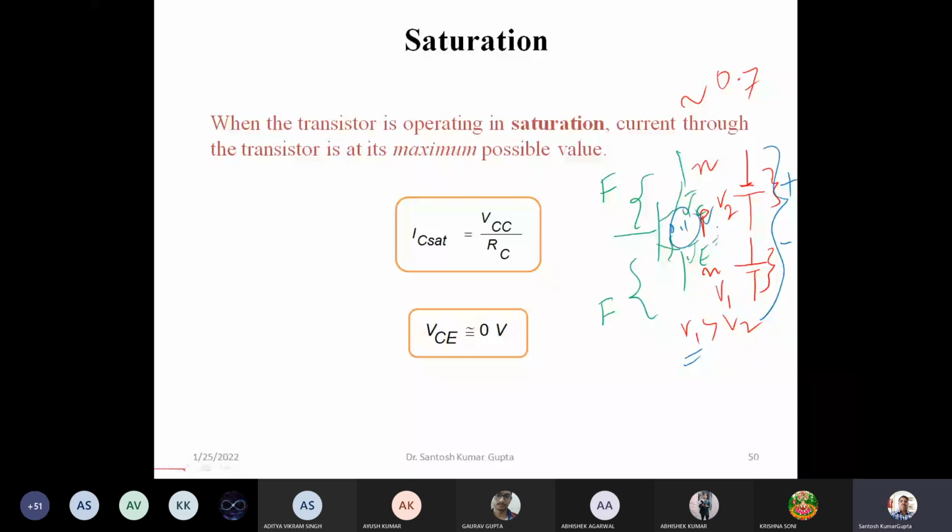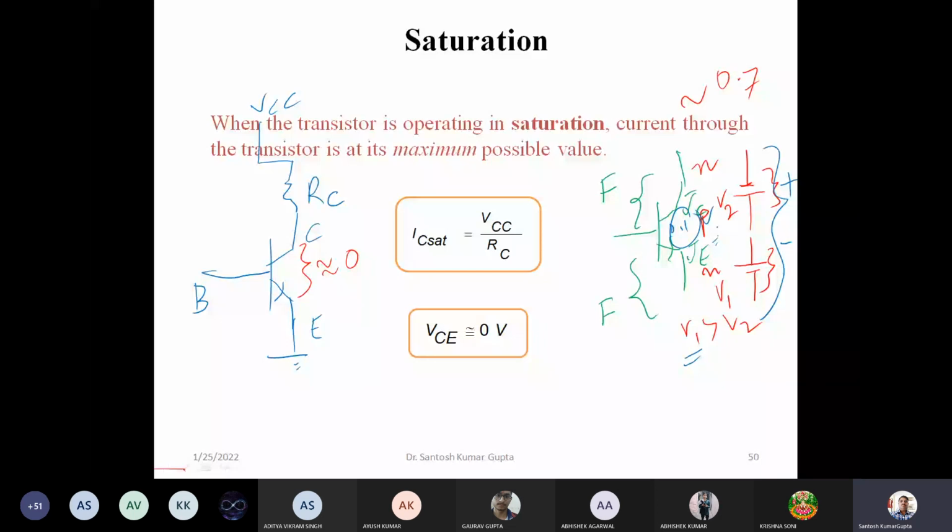In the circuit, we have seen that we apply a biasing voltage VCC through RC, like this, and this is here base, collector, emitter. Now, if this transistor is in the saturation region, then very little voltage drop is here, almost zero.